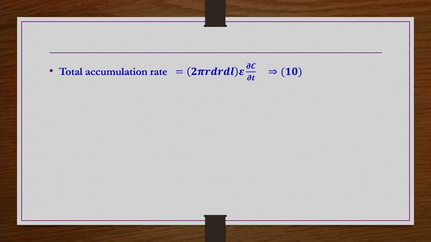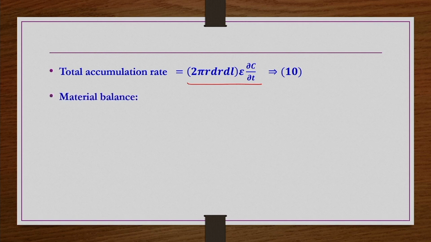Total accumulation rate in the overall cell is 2 pi r dr dl epsilon ∂C/∂t. That is the total volume of the cell multiplied by epsilon, because whatever transfer of the material is taking place because of the dispersion, that is taking place only in the epsilon void space fraction. So, the total volume of the cell multiplied by epsilon, and then that multiplied by ∂C/∂t, that will give total accumulation rate.